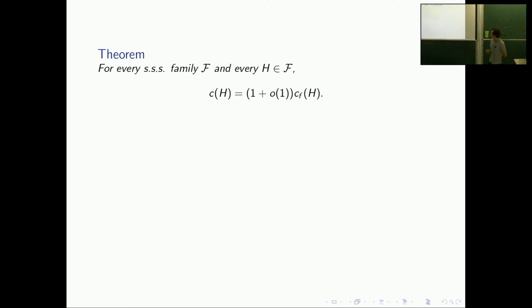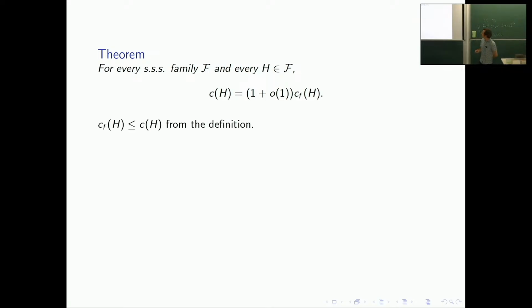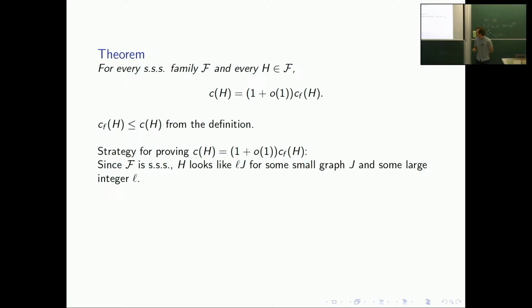Okay, so now I want to talk about this result. From the definition, it follows that the fractional extremal function is bounded above by the extremal function. So what we want to show is that the extremal function is also bounded above by something which is approximately the fractional extremal function.